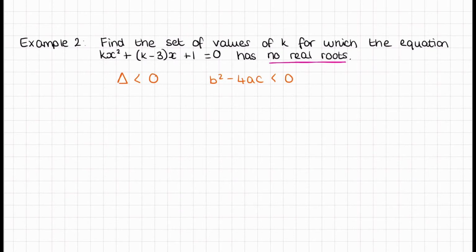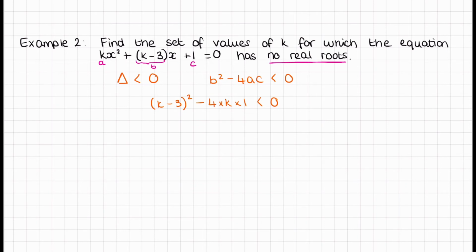Now, in this equation here, our a will be k, our b will be k minus 3, and our c will be 1. So we're going to have b squared, so k minus 3 all squared, minus 4 times k times 1, and we want when that is less than 0.